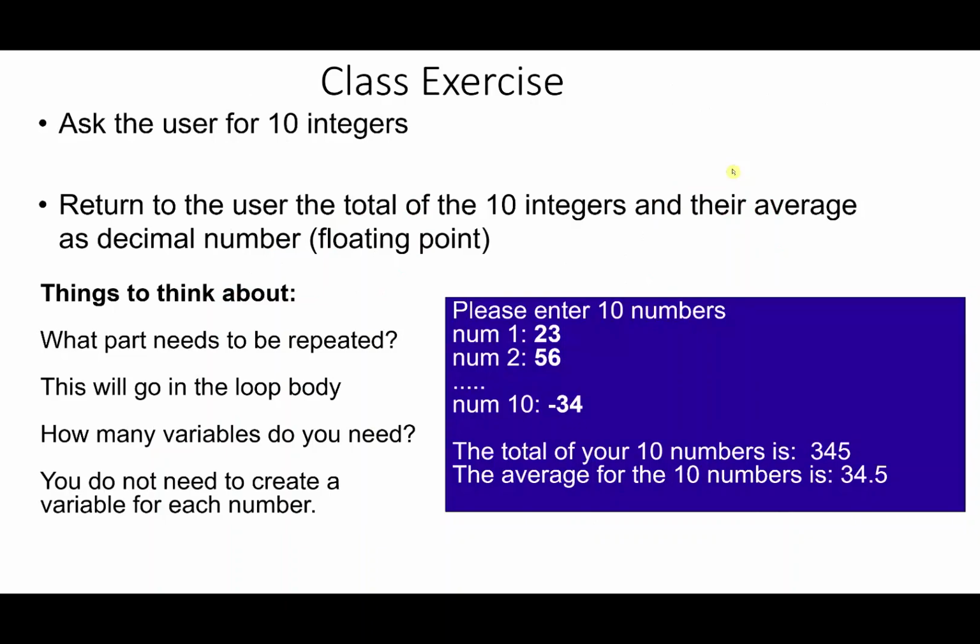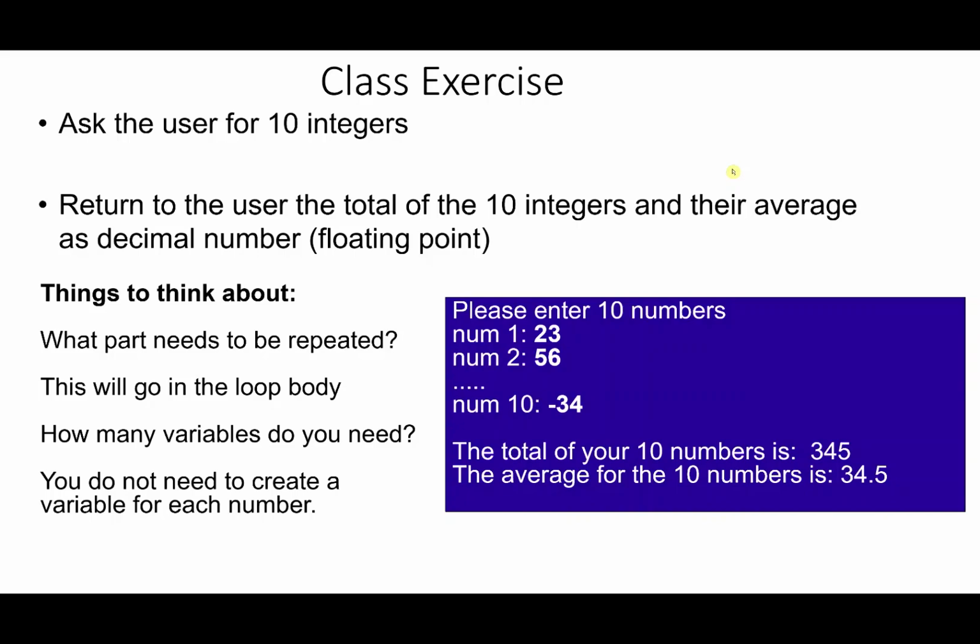So, a class exercise. Ask the user for 10 integers. Return to the user the total of the 10 integers and their average. The average is going to be in floating point format, so I should see the floating point format if it has a fraction.